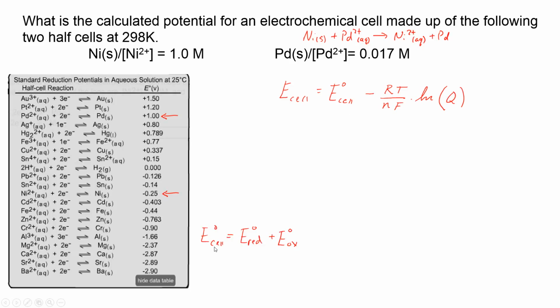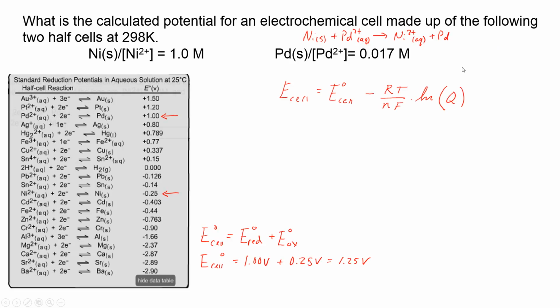E cell standard will be the reduction voltage added to the oxidation voltage, where we need to remember that nickel is running in the reverse direction, and so it is plus 0.25 volts for the nickel oxidation, and 1 volt for the palladium reduction. So E cell standard is 1.25 volts.